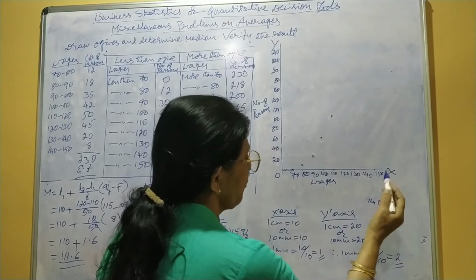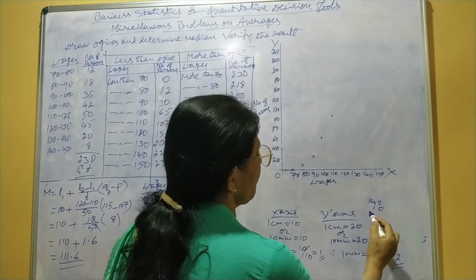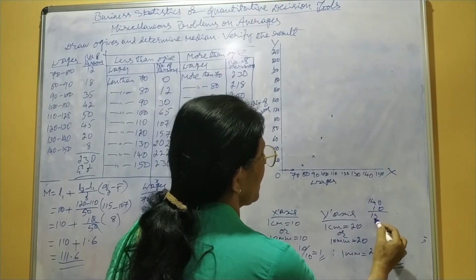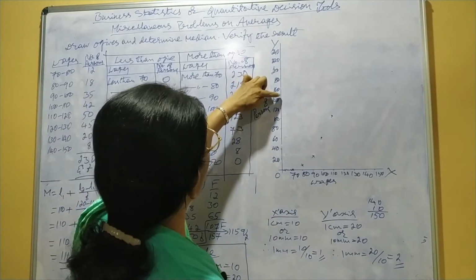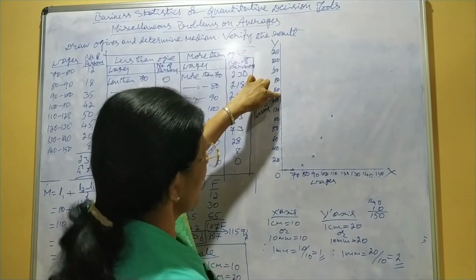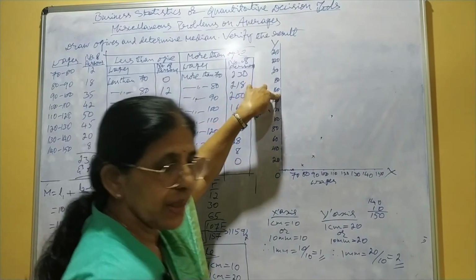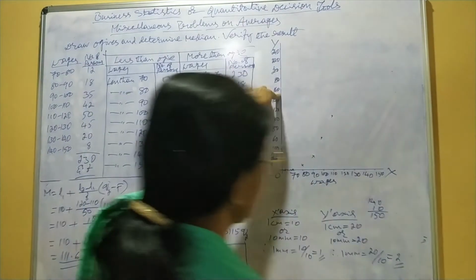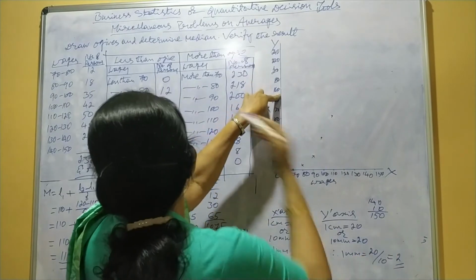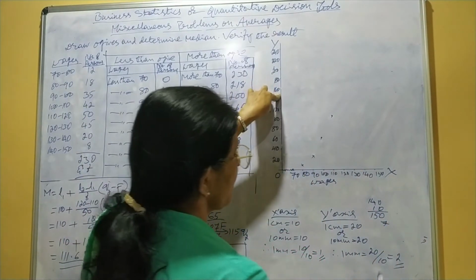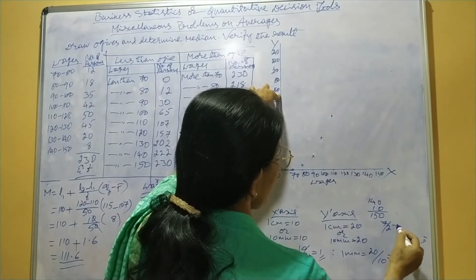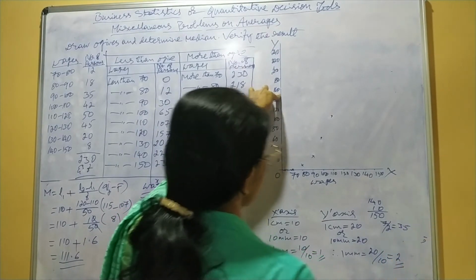Then if you take 5 millimeters, then 5 into 2, 10, 150. Remaining means here above 140, you have to take half centimeter or 5 millimeters, then you will get 150. We need 157. Still 7 we have to take. 7 means 7 divided by 2, 3.5.